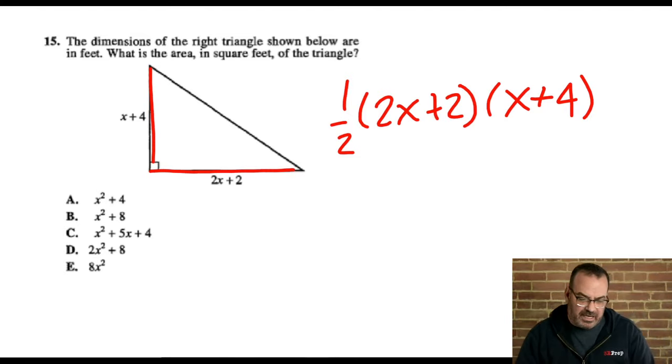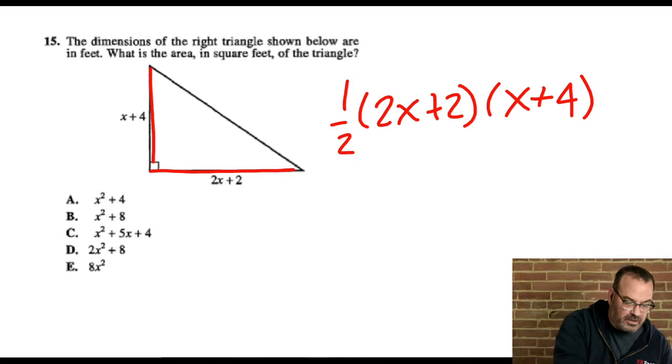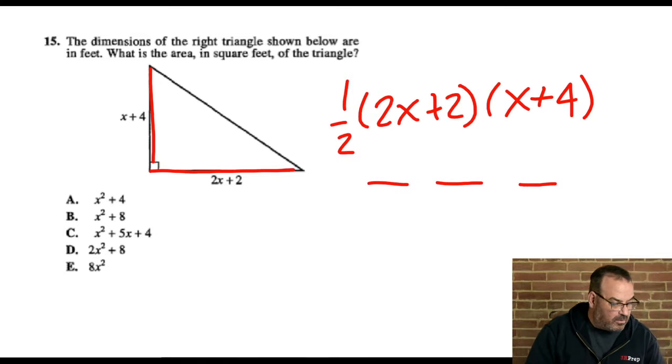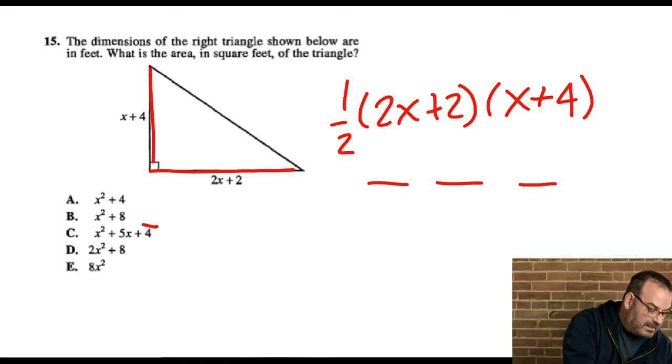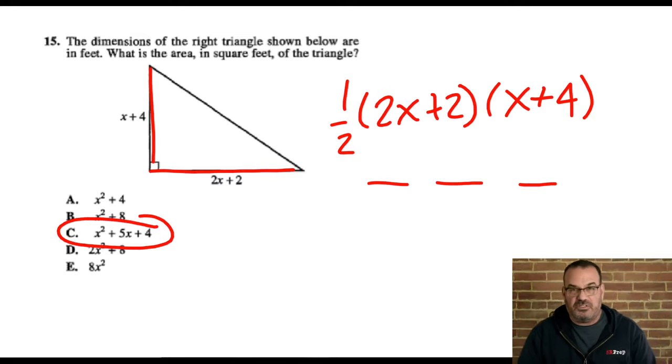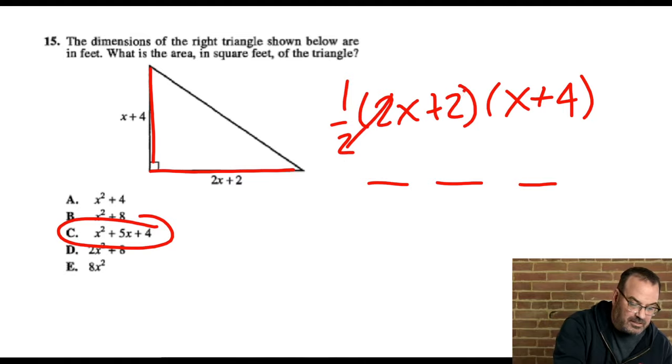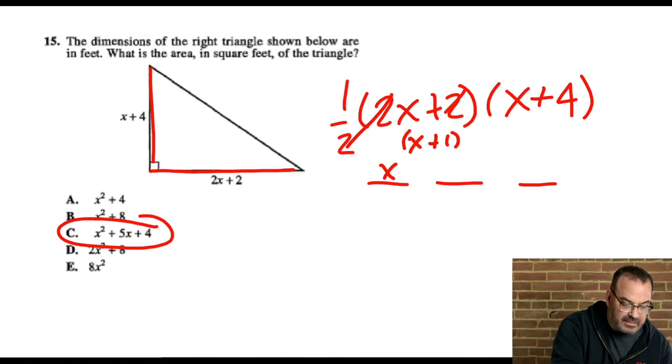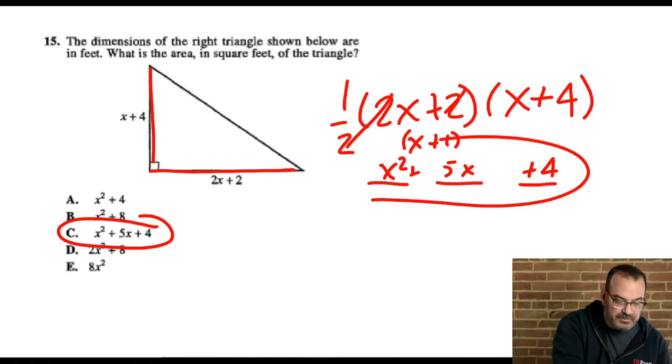And it's a quadratic that's not a difference of squares, so it's going to have 3 terms. Oh, it's number 15. Only one answer has 3 terms. And sure enough, it's x squared plus 5x plus 4. Let's cancel out the 2's, and I get x plus 1. And let's FOIL it, and let's get x squared plus 5x plus 4. We're good to go. That's the right answer.